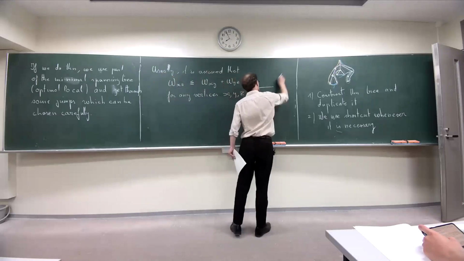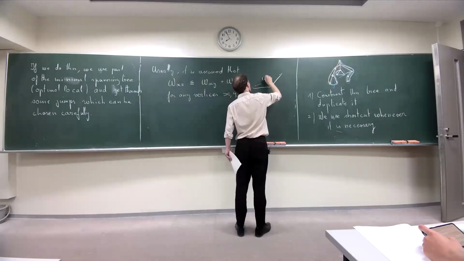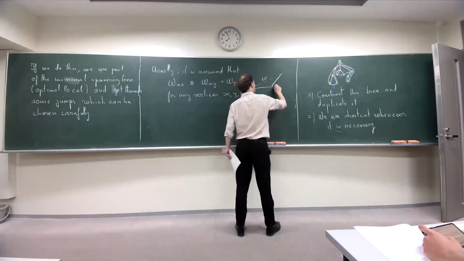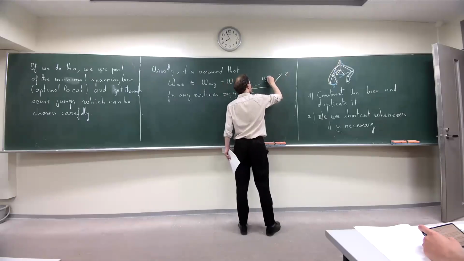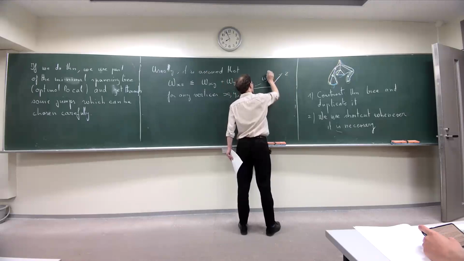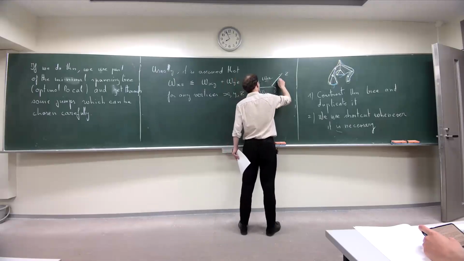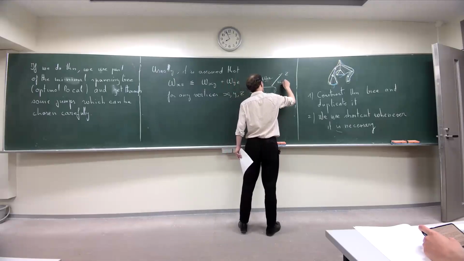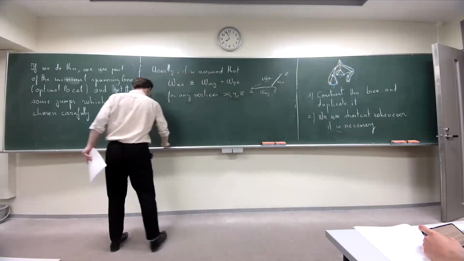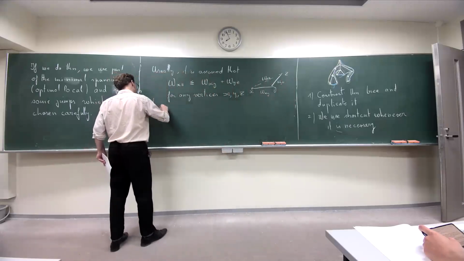And what does it mean? So we have x, y, z. The weight between x and z is smaller than the weight between x and y plus the weight between y and z. So this is called the triangle inequality.